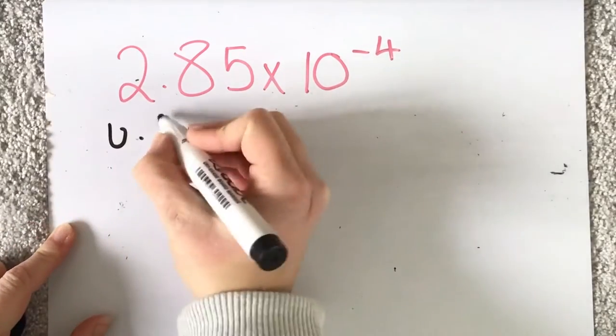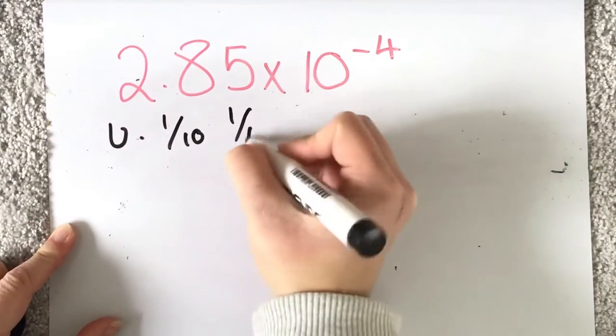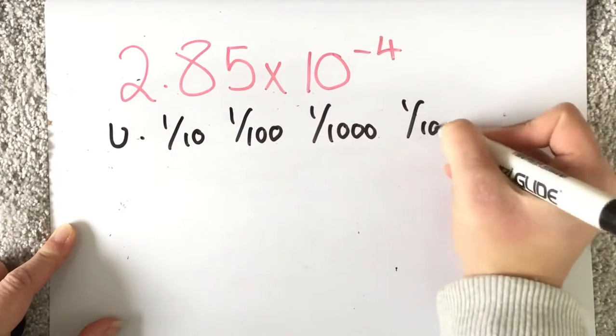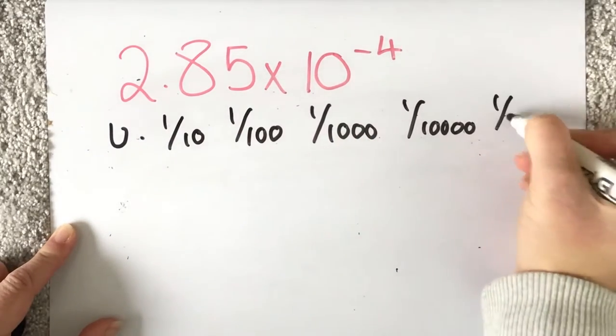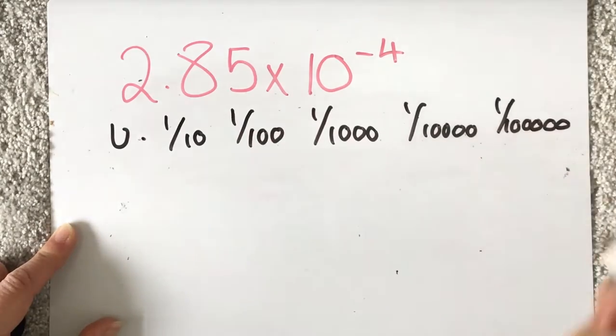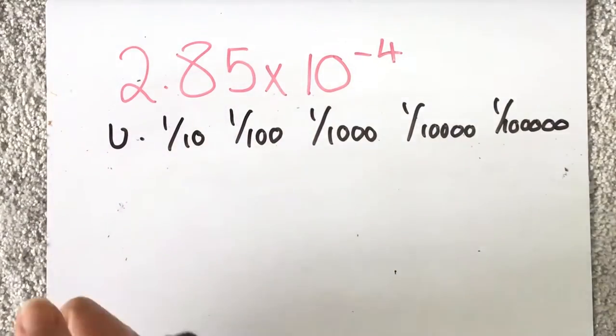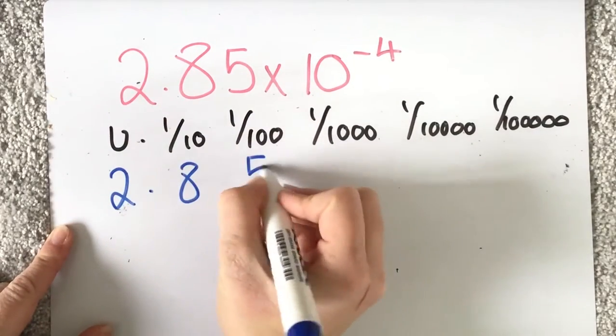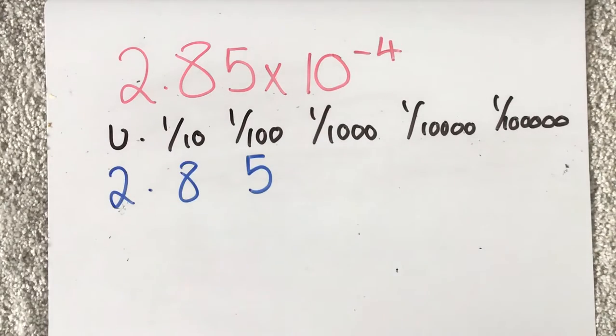So if I write my 1, 2, 3, 4, 5. Okay, so I start off with my 2.85 here, and I know it's got to move 4 places.